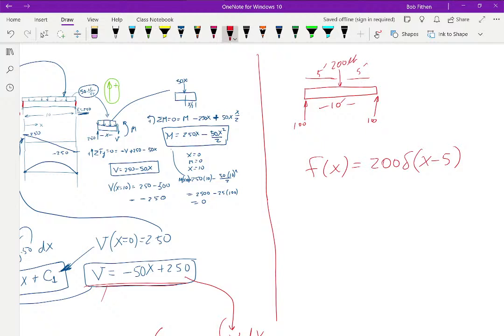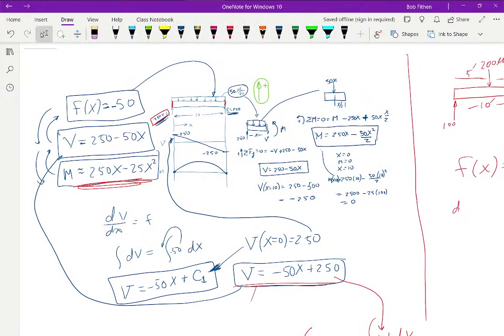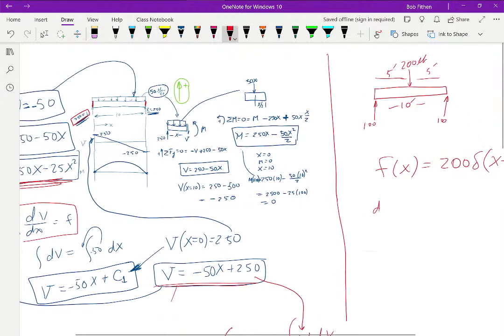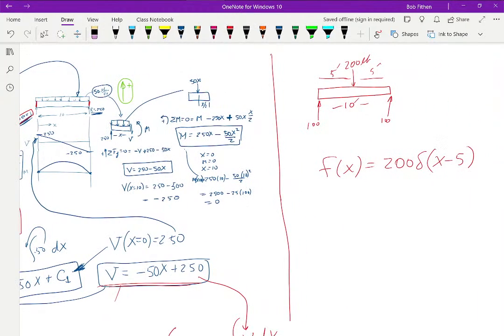Now, what I'm going to do is bounce back and forth here between a couple of things. First thing I'm going to do is take the equation right here, or basically the one under it, and integrate 200 times delta x minus 5 dx, and that's going to be the shear.